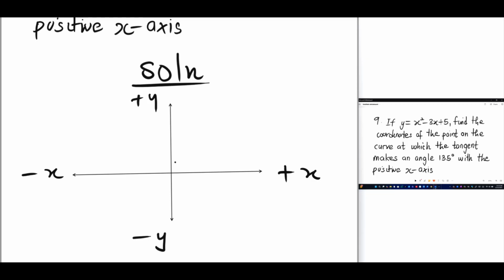Now we have a condition here, which is the tangent makes an angle of 135 degrees with the positive x-axis. So from here you get your 135. Your 135 will be somewhere here. So this becomes our tangent. So we have 135 degrees over here.